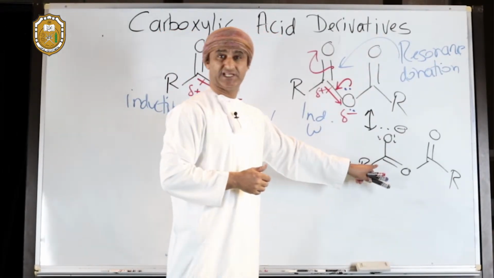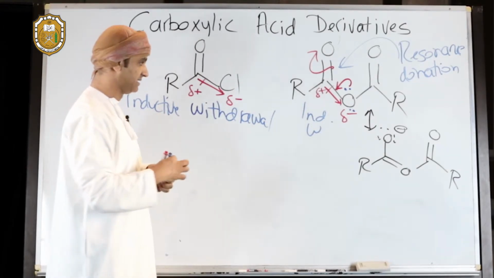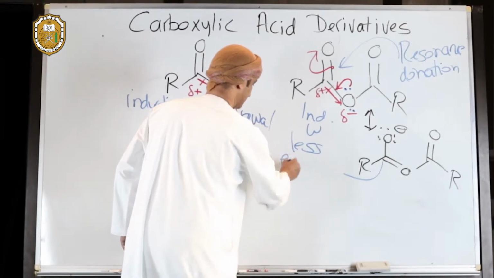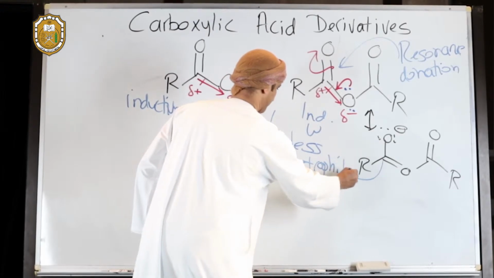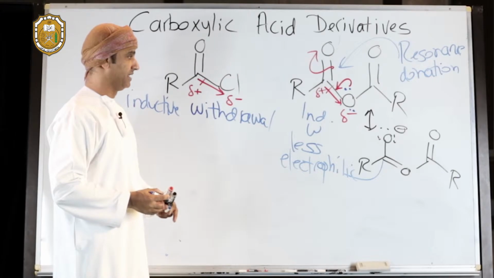You can say it's more electron dense than that carbon of acid halide, so that's also correct. This carbon is less electrophilic than that carbon because of this resonance donation.